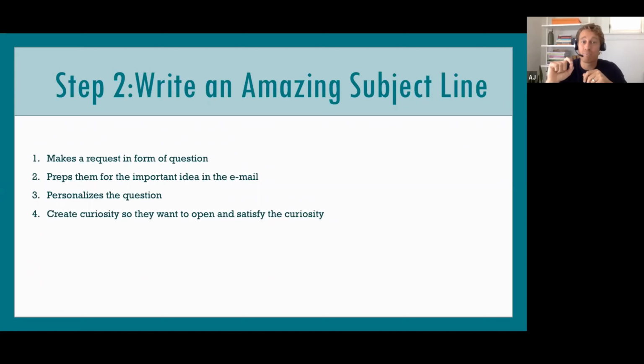This subject line also preps them for what you're going to ask them in the email, so that they have a sense going in what you're talking about. You're going to personalize this question too. You're going to make it as tailored to them as possible, as part of their world as possible. And importantly, doing this creates a curiosity. You want people to read it and go, oh, I need to find out what's going on here.